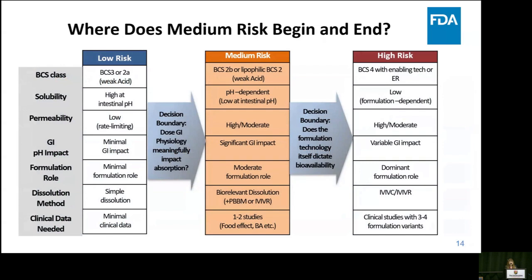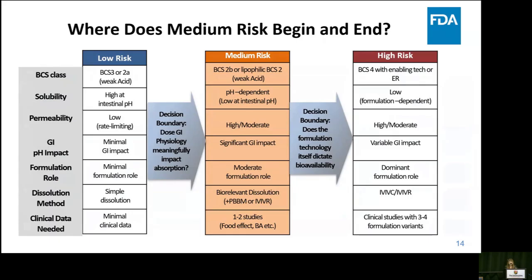Once again, the boundaries between risk categories are scientifically defined. The key question separating medium from low risk is whether GI physiology, not only the API physical chemical properties, meaningfully impacts in vivo dissolution.